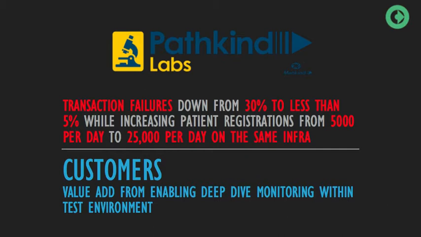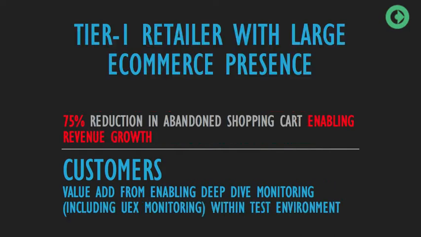So by performance tuning their application, their lab information system, we were able to allow them to save lots of cost related to infrastructure by optimizing the capacity of their application, because of performance monitoring as well as proper test strategy implementation within their test environment. This is the kind of benefit we have enabled at Pathkind Laboratories.